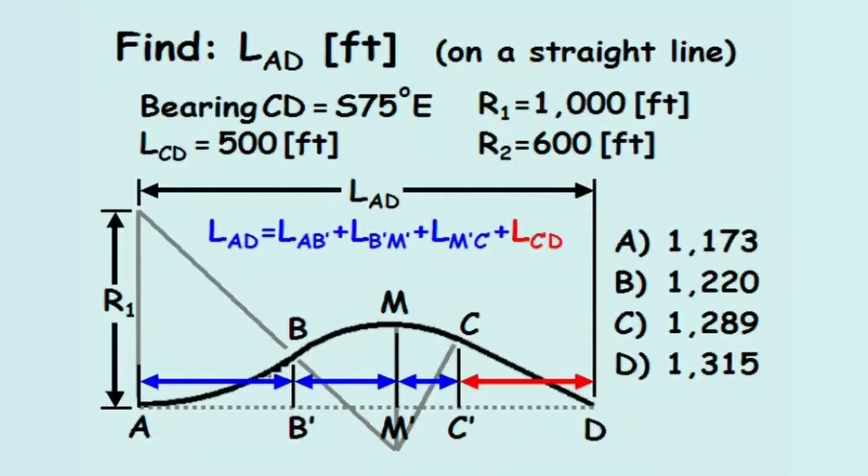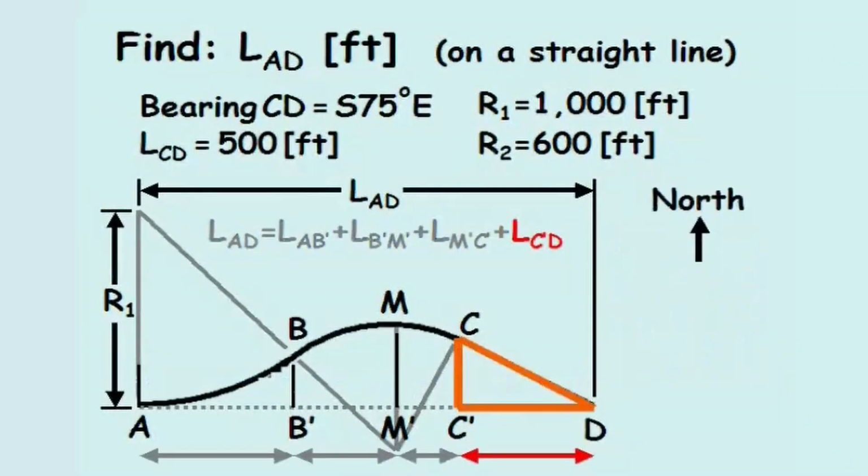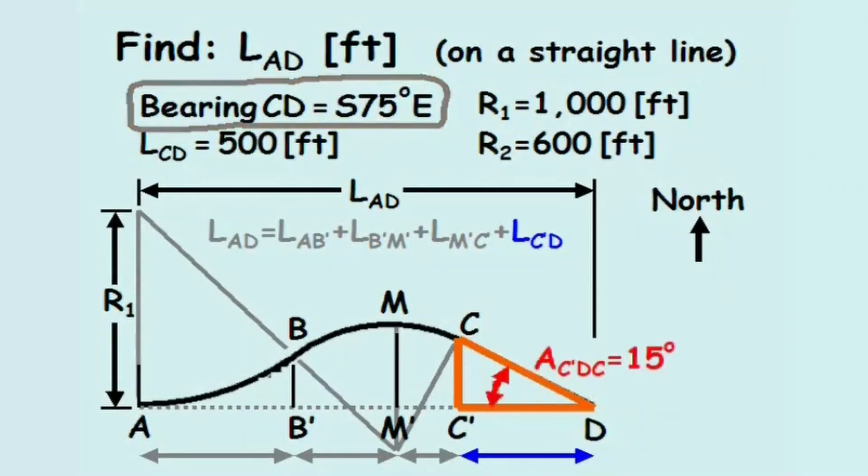To do so, we'll first examine right triangle C prime DC. The problem provides the bearing of segment CD, and since points A and D have the same northing, line C prime D runs east-west, and angle C prime DC is 15 degrees.